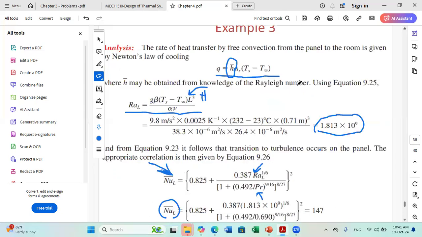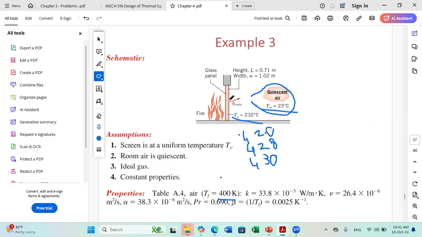And this is why the glass panels that we put for our chimneys are characterized by a very high emissivity, in order to transfer heat by radiation to the surrounding. Natural convection will help also. So you have convection and radiation, but radiation will in general be more important.